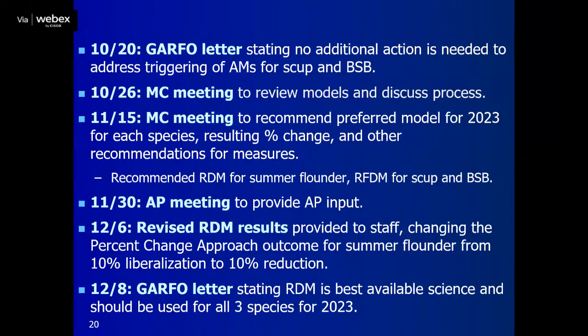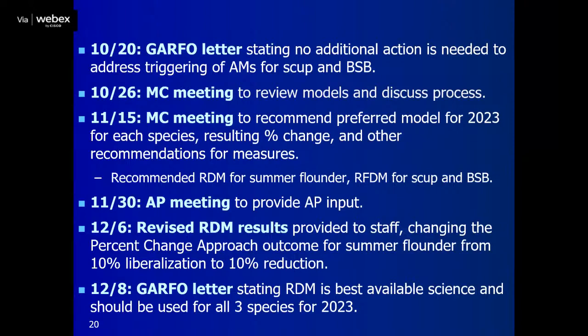That was considered during a monitoring committee meeting at the end of October, when the monitoring committee talked about the overall process that we will use, and they reviewed the two models, and they provided some feedback to the modelers, and just had some overall discussions before a second monitoring committee meeting on November 15th, where they made their final recommendations in terms of the preferred model for 2023 for each species, the resulting percent change, and some other specific recommendations for measures that they needed to make.